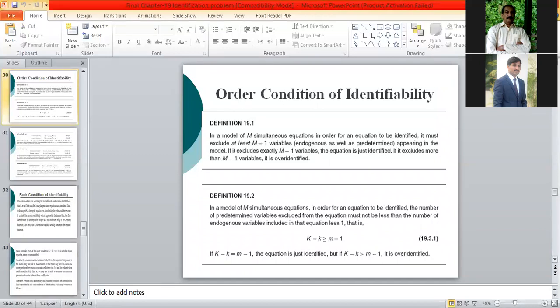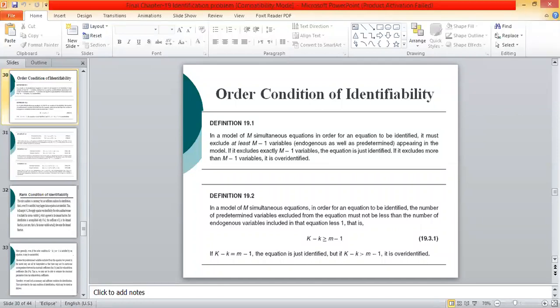If the equation excludes exactly M minus 1 variables, the equation is just identified. And if the equation excludes more than M minus 1 variables, the equation is over identified. Very simple definitions. I have a very simple and easy method to examine the identification of the set of equations.